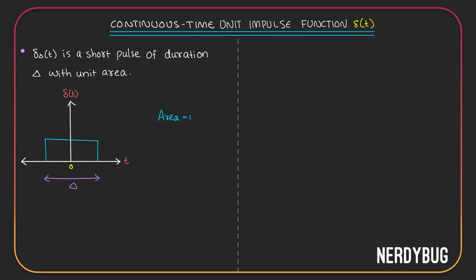I can decrease the width, but I'll have to increase the height so that the area is still 1 unit. Now, imagine I decrease the width so much that delta now tends to 0. I decrease it, height increases; decrease width again, height increases. Width becomes close to 0, then height will become close to infinity.